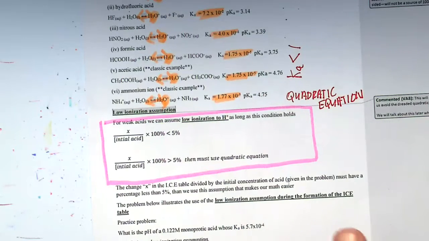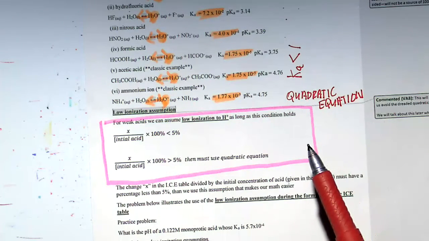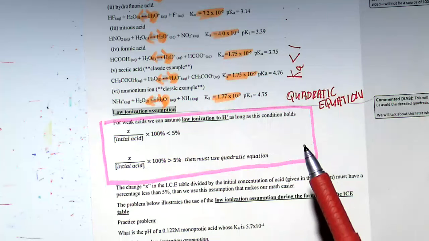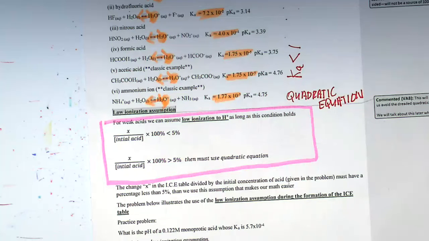So there was a question using the quadratic equation for one of the ice tables. A couple of you got it right. But you'll realize that utilizing the quadratic equation is not the most fun way. It's not the best way. A lot of work, unless you have a graphing calculator, like our friend Josh, he puts it into his graphing calculator, and he gets the answer.